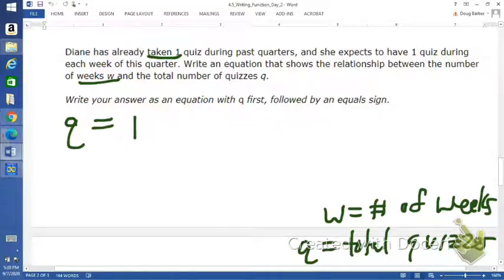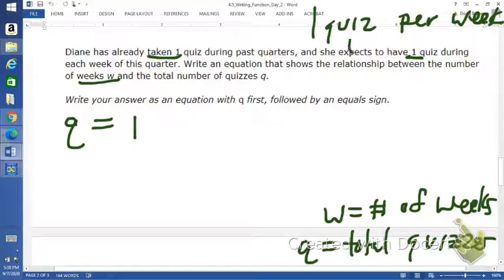Alright, so she starts off with 1, and she expects to have 1 quiz during each week. So 1, you can also think of this as 1 quiz per week. Alright, so you have the 1, the per means multiply.